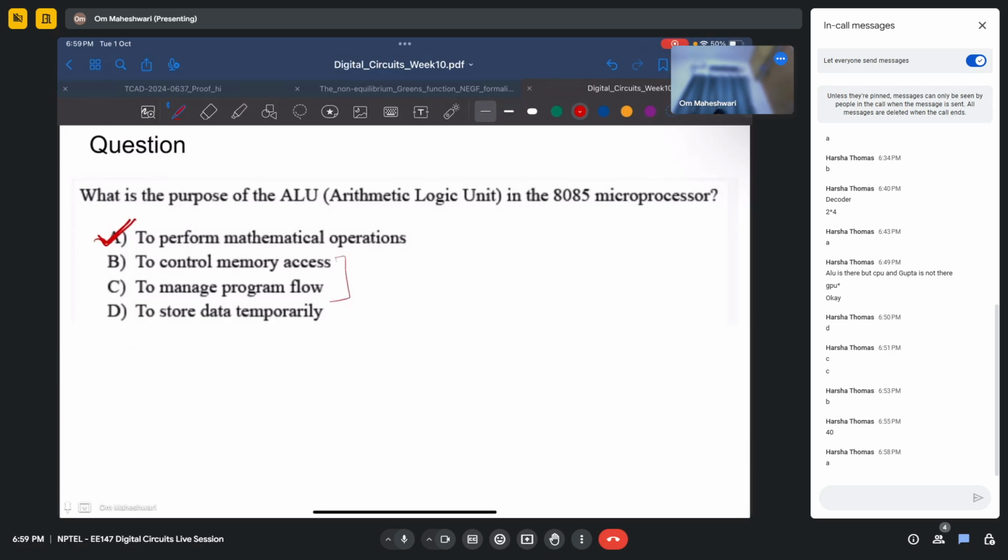These two are both done by the control unit. Maybe we'll talk more about it in the coming sessions. Temporary data is stored in registers. So ALU is just used to perform mathematical operations.